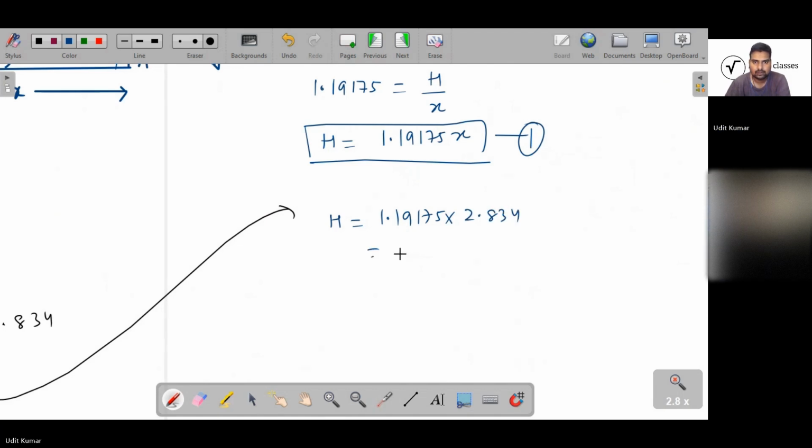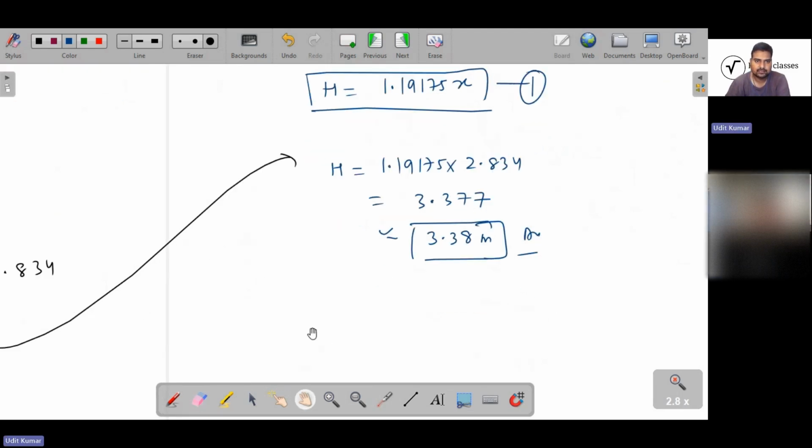That gives 3.377, and approximately you can write it as 3.38. So h is 3.38 meters. Yes, this will be your answer.